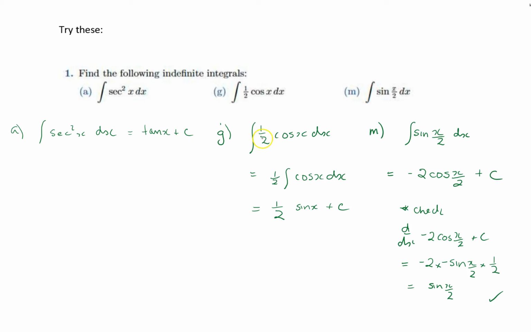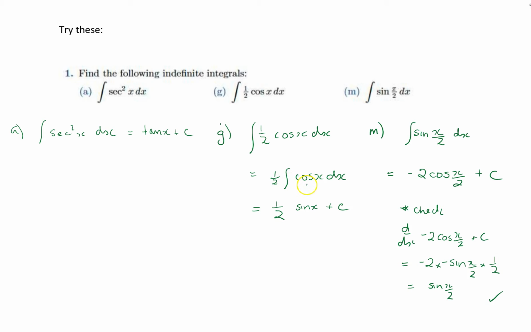The next one has a half cos of x dx. Now, the half is of no benefit. We don't really want it, or even certainly don't need it in this position. So we use the rules from the initial introduction into integration, which said that one of the rules was if you've got a constant, then you can take it outside of the integration.